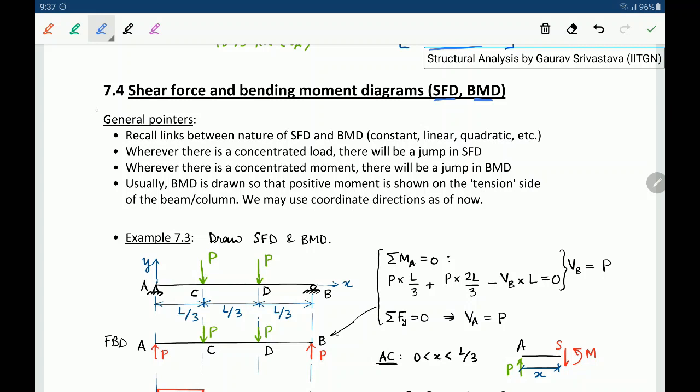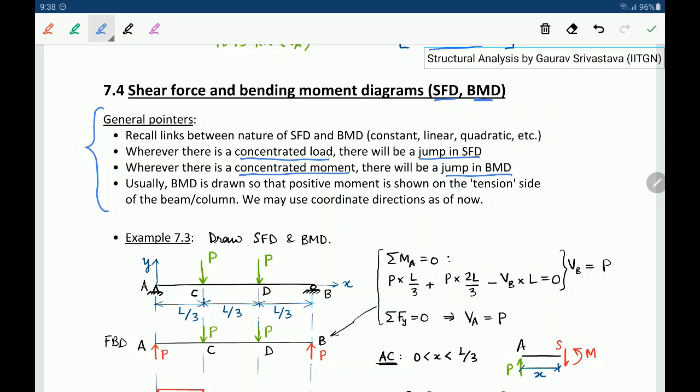There are some general pointers which you may recall related to the links between shear force and bending moment diagrams. The shear force is the slope of the bending moment. Wherever there is a concentrated load, there will be a jump in the shear force diagram. Wherever there is a concentrated moment, there will be a jump in the bending moment diagram.